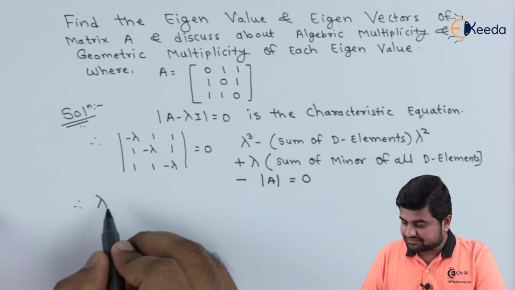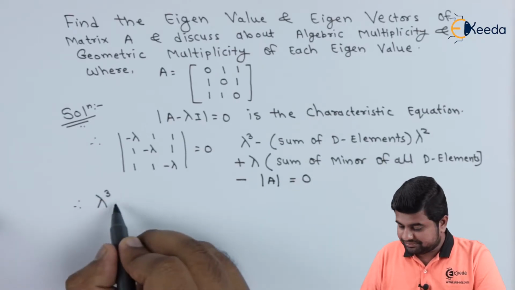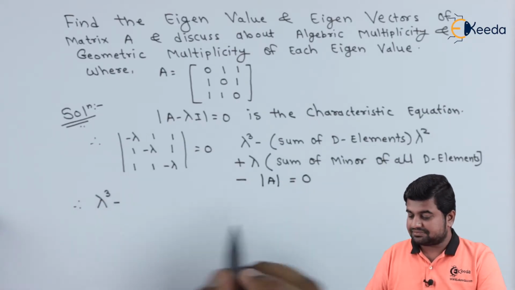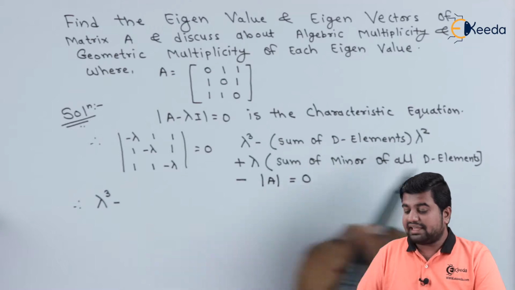Therefore, lambda cube minus the sum of all diagonal elements.